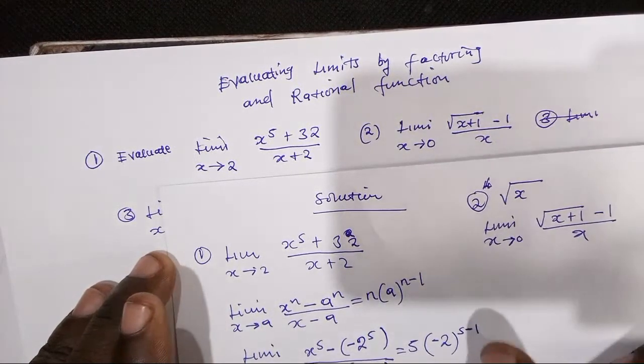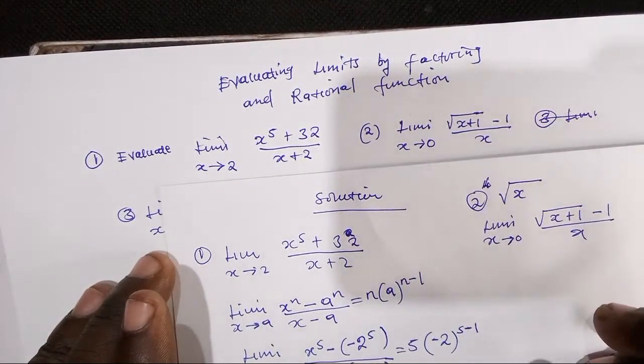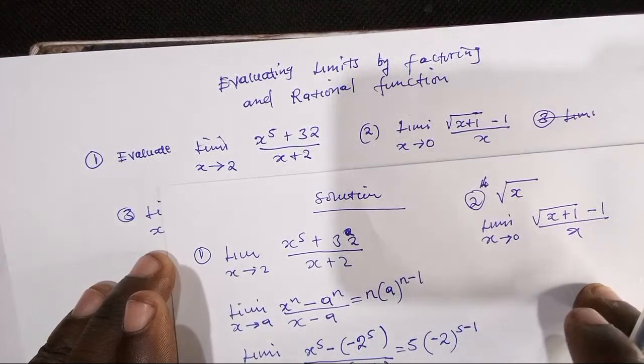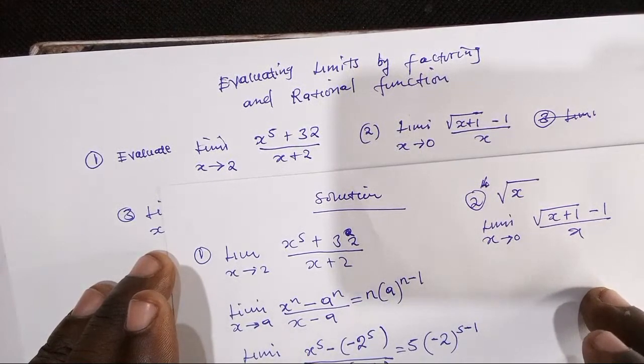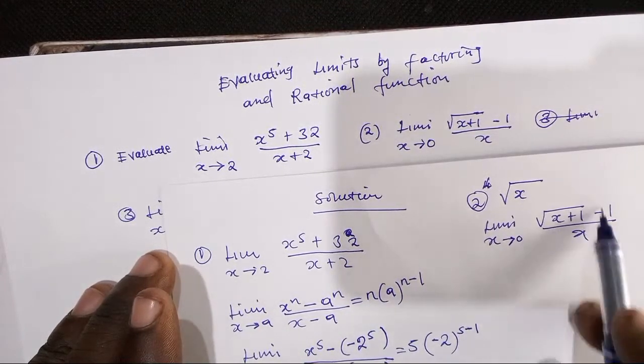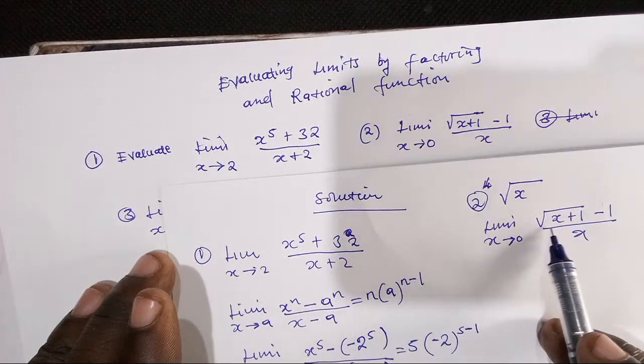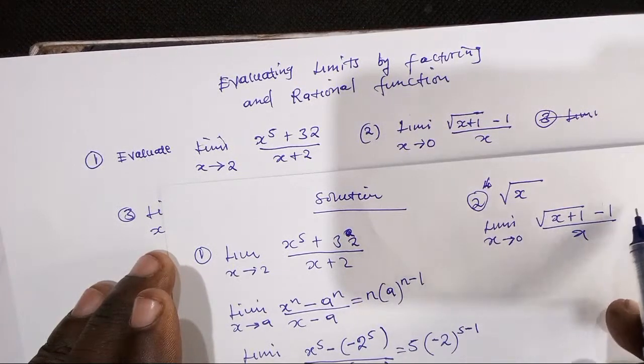For you to solve this kind of question, you must understand the laws of surds, where we are going to multiply by the conjugate of root (x plus 1) minus 1, on both top and bottom.